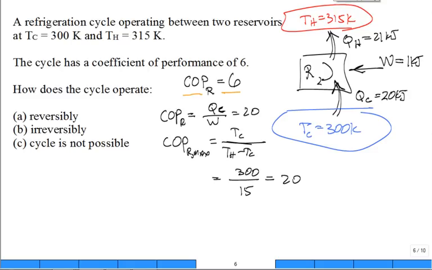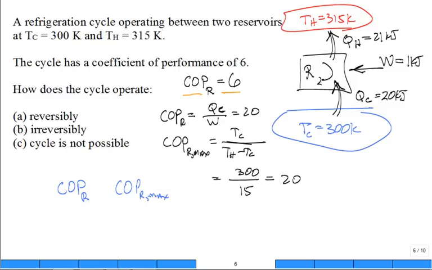Same question, you've gotten more information, A, B, or C. So there were some Carnot corollaries. They said that the coefficient of performance, refrigeration, compare that to the coefficient of performance refrigeration maximum as if there's no irreversibilities, right?